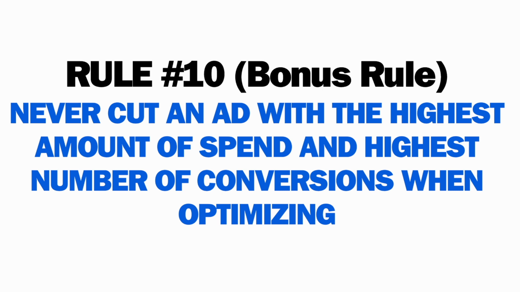Last rule. This rule is never cut an ad set with the highest amount of spend and highest number of conversions when optimizing. We have discussed in a previous rule about cutting ads which are above CPR, which are above average cost of result.